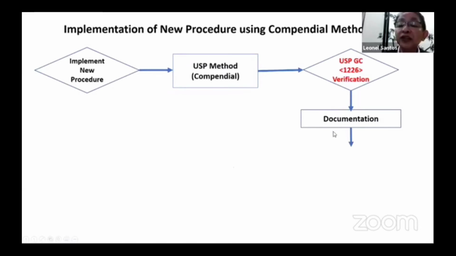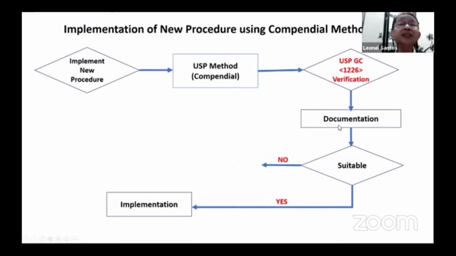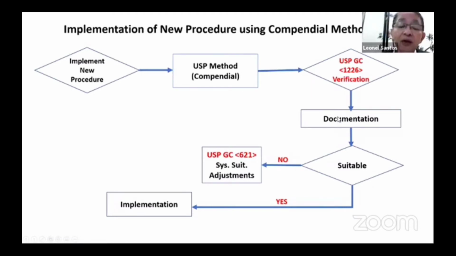When you're doing verification, you need to do documentation and determine if the method is suitable to analyze your sample. If it is suitable, then you can do implementation. But if it is not suitable, and because you are using, for example, an HPLC method, you can use what is called the USP General Chapter 621, or the System Suitability Adjustment.